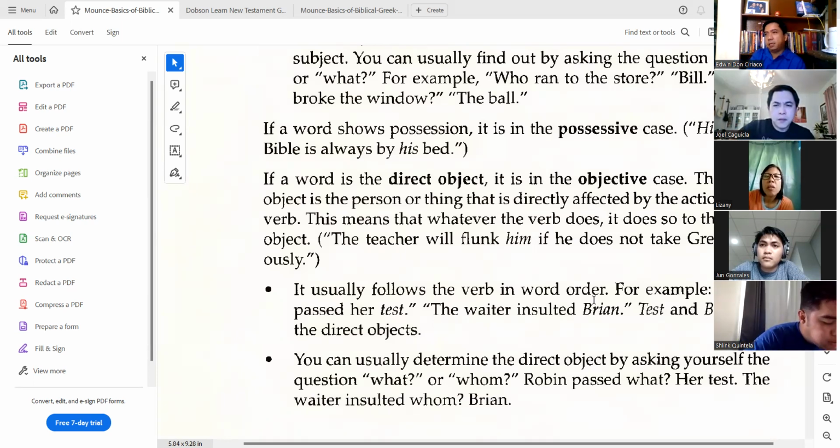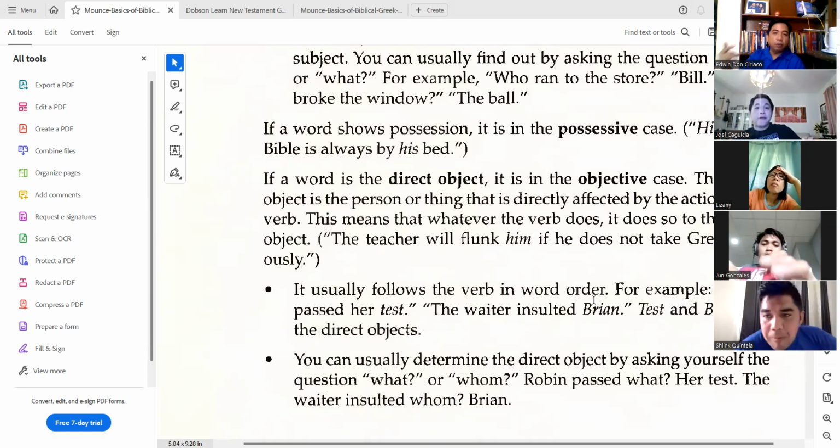So it's like, the dog beat the man. Okay? The dog beat the man. In the objective case, the objective there is the man. The man is the one who received the action. It is not the man who beat the dog. No? It is the man who was beaten by the dog. So he's the objective case.